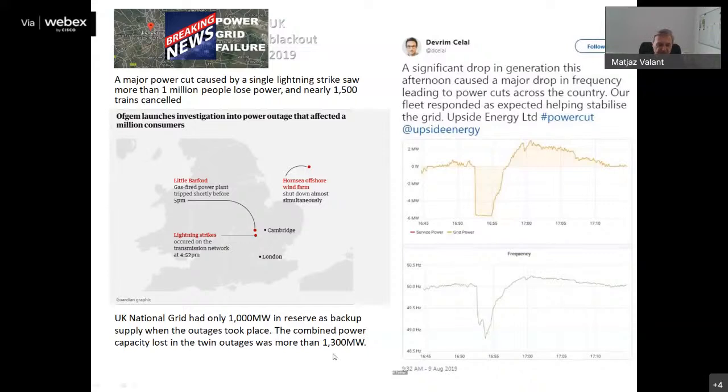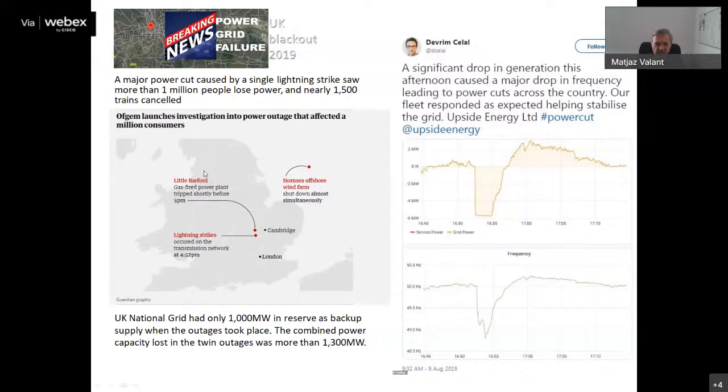So they were lacking 1,300 megawatts of energy in a short time, and they had only a 1,000 megawatt reserve to back up all these power plants that shut down. So what happened? Because of the lack of energy, the frequency in the grid fell down, and a blackout resulted.